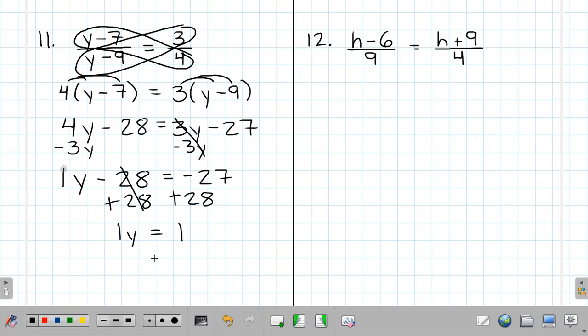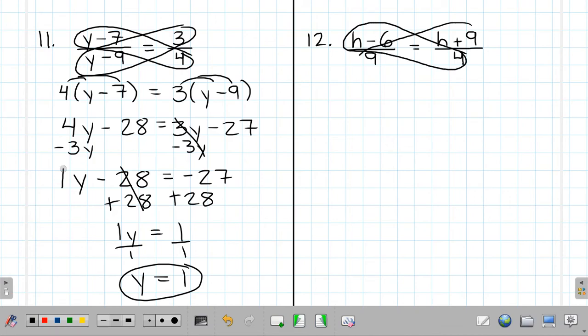That's a 1. And then we divide by 1. Well, what's 1 divided by 1? That's just 1. So we could actually skip that step, because if we see 1 in front of a y, we can just get rid of it. But I'll leave it in here just for this example so you can see, because it does end up working out the same. That's one way you can skip a step and save yourself a little time.